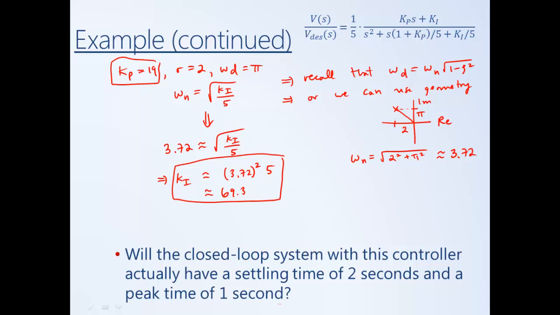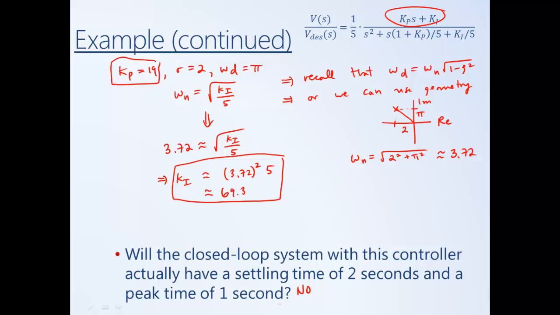And the answer is, of course, that it won't. The reason is that we don't have a canonical system, because we have this 0. The relationships we've been using for TS and TP rely on the system being a canonical second order system. The fact that ours isn't means that these two gains won't give us exactly the settle time and peak time we were shooting for.